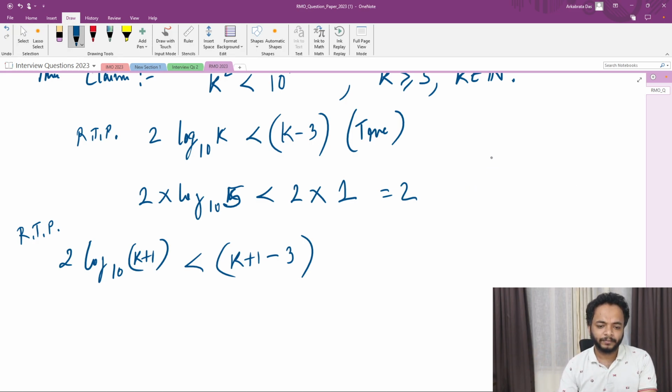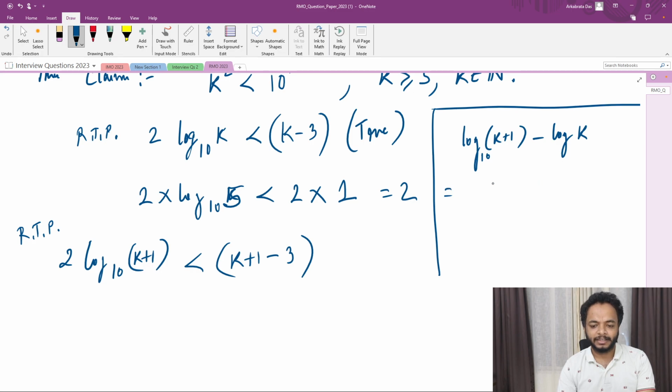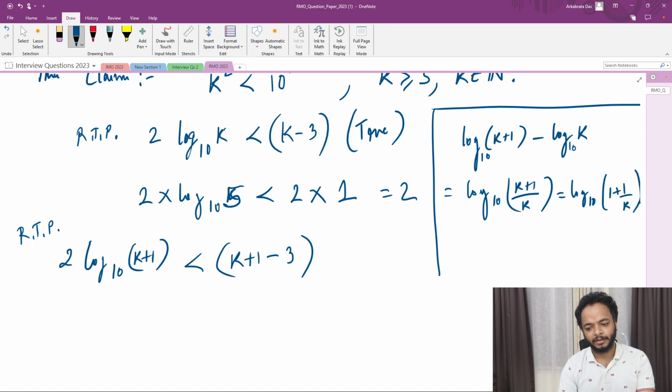So let's see what log of k plus 1, base 10, minus log of k, again base 10, could be. So that is log base 10 of k plus 1 by k, which is log base 10 of 1 plus 1 by k.